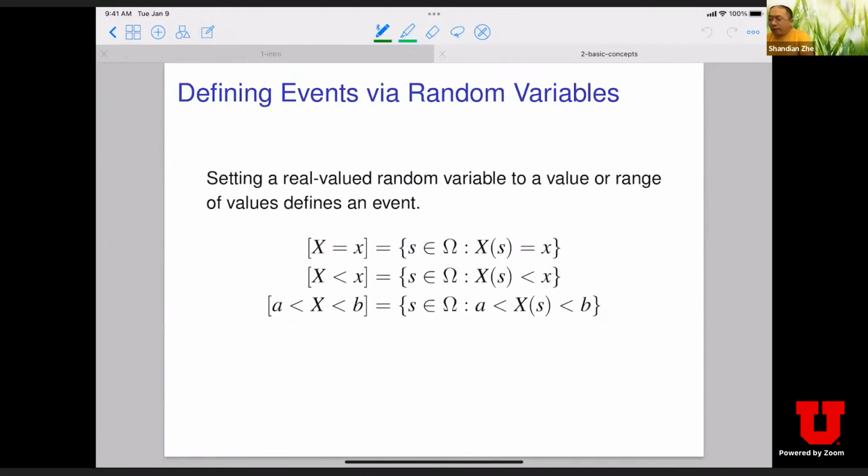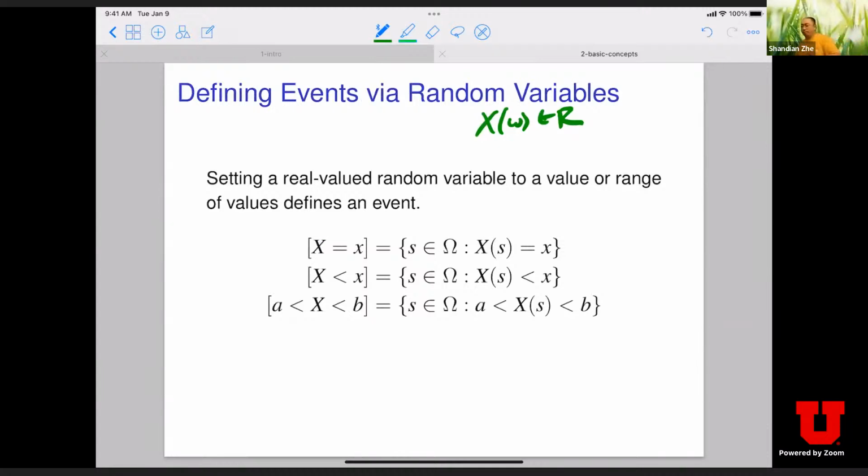So once you have this random variable X, usually in the real space, then we can think about what range of values this random variable can take, and what the probability is for different ranges of the random variable value.